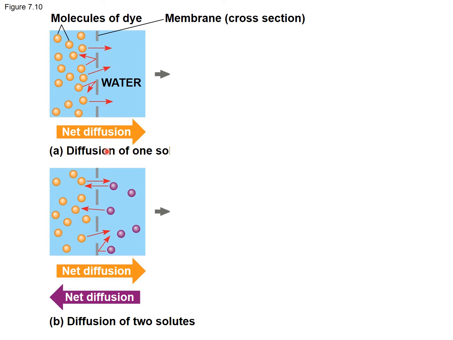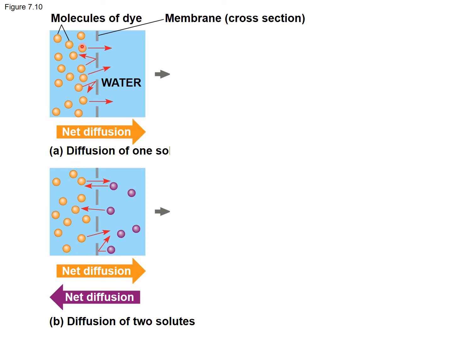And then if we look at the bottom, we've got orange dye molecules on the left and purple dye molecules on the right. Now, it's important to state that diffusion can move in both directions at the same time. The molecules are going to be randomly moving, and on the left we've got a high concentration of the solute, the orange.